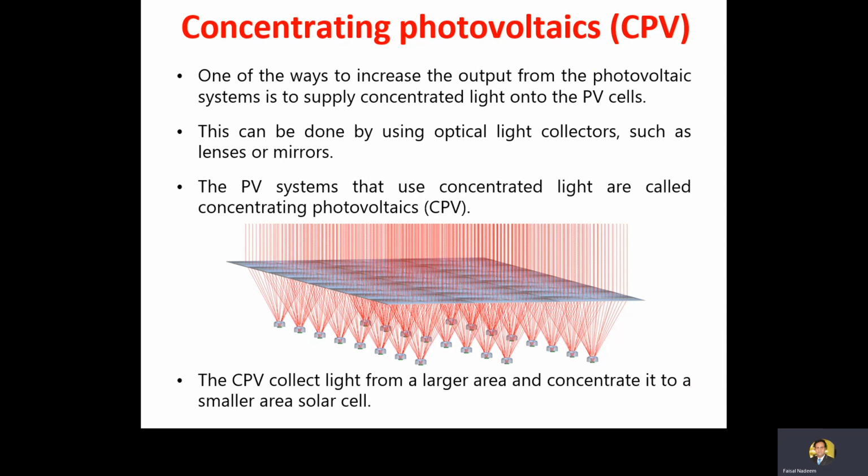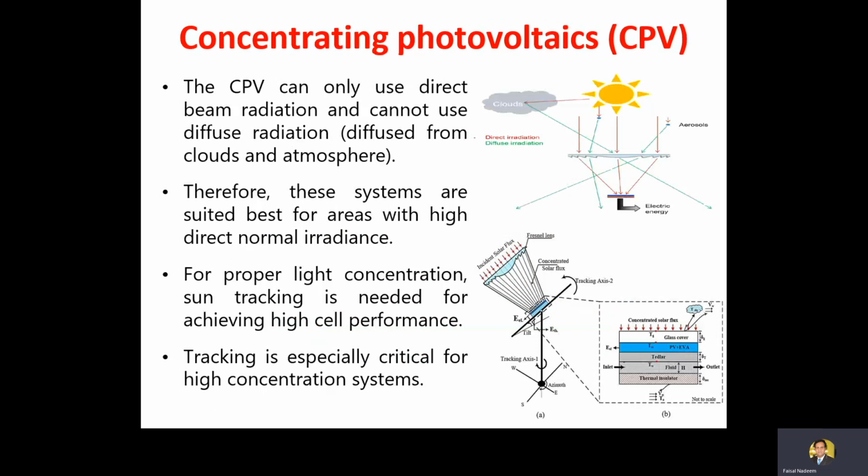So it can easily be used in those areas for producing the same amount of power. However, there are some limitations of this technology as well. That is, the CPV can only use direct beam radiation and cannot use diffuse radiation. As you know, this is again an example of CPV. This is a mirror lens that is placed.